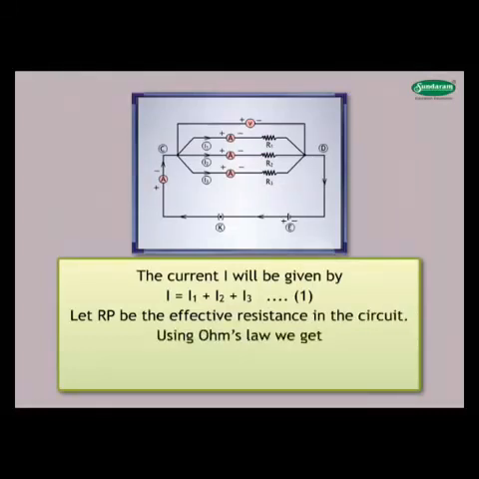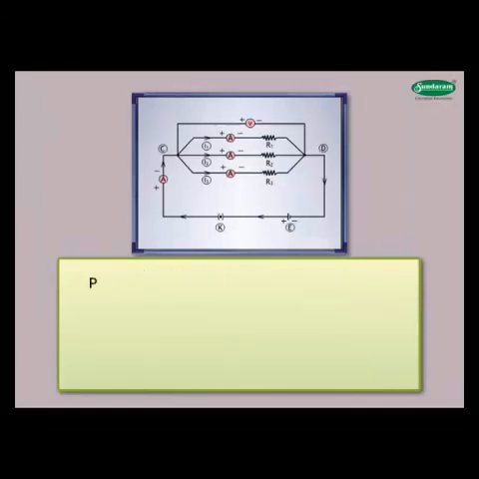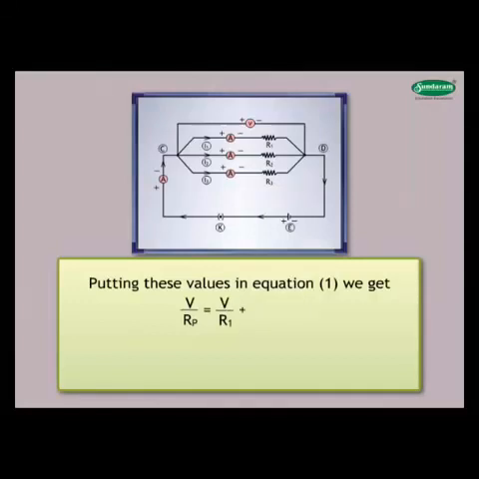Using Ohm's law, we get I1 is equal to V upon R1, I2 is equal to V upon R2, I3 is equal to V upon R3, and I is equal to V upon Rp. Putting these values in equation 1, we get V upon Rp is equal to V upon R1 plus V upon R2 plus V upon R3.